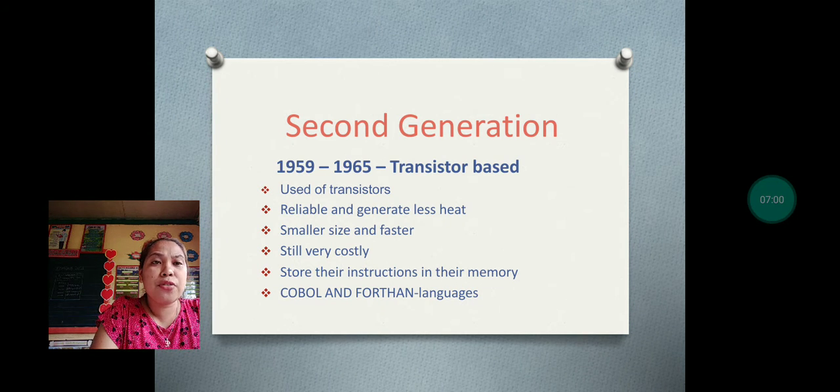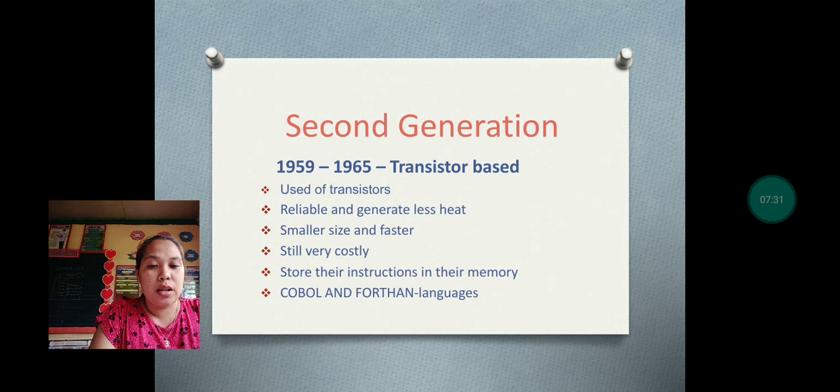Aside from these characteristics of the second generation computers, the transistor replaced the vacuum tube. It also featured the circuit board, filled with individual transistors and magnetic core memory. The first generation computer is low level language, while the second generation is higher level language.